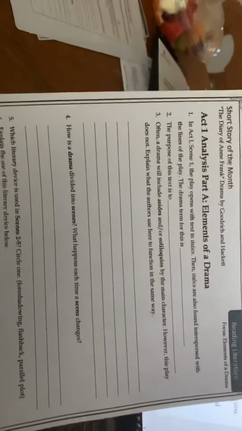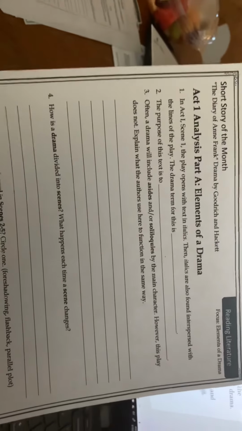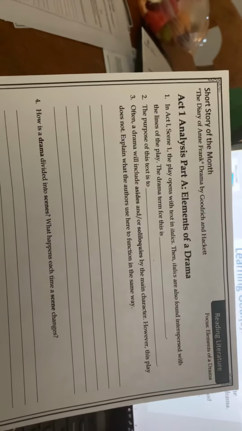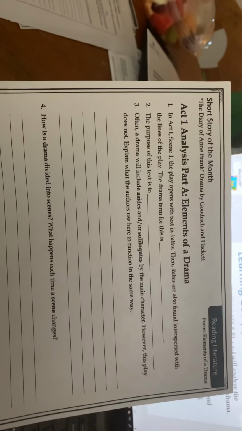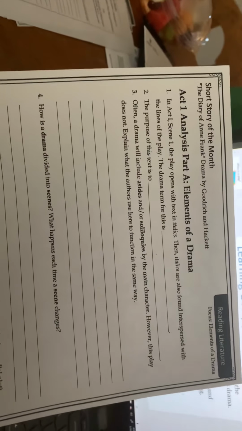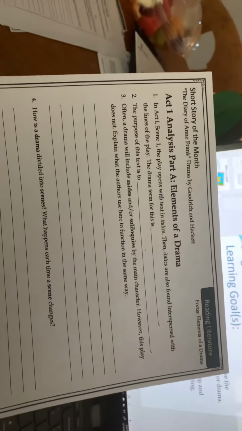It says on number 1, Act 1, Scene 1, the play opens with text in italics. Then italics are also found with the lines of the play. The drama term for this is what? So you're identifying what is going on within the actual play.